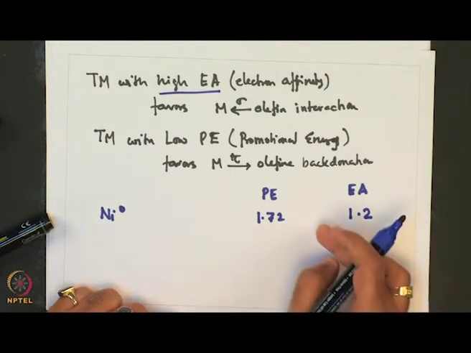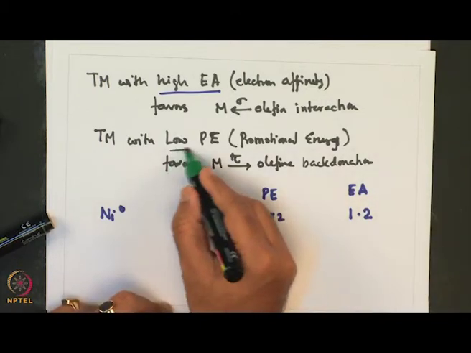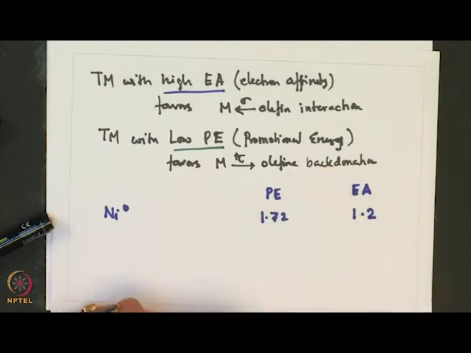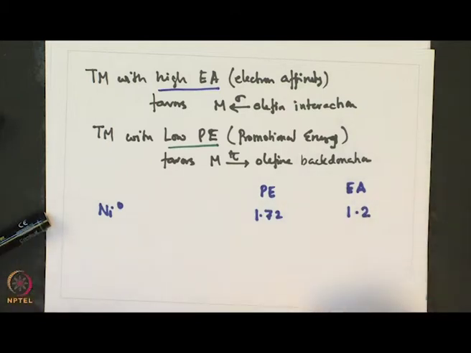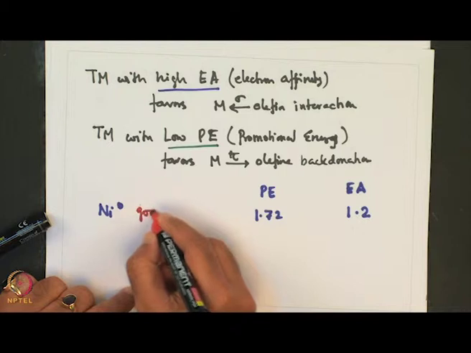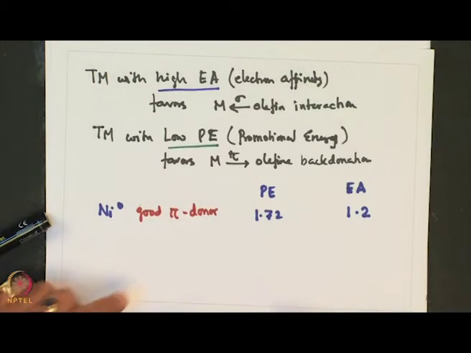So, sigma donation is not strong, but low promotional energy means favors back donation. So, nickel 0 indeed has a low promotional energy. So, this is a good pi donor. Nickel as a metal is a very good pi donor.